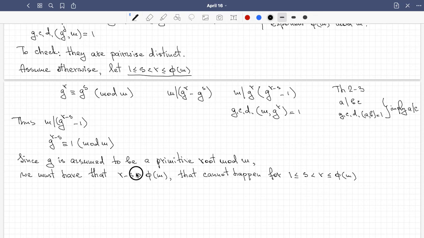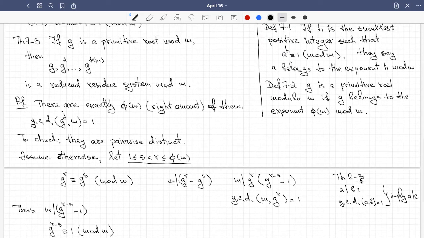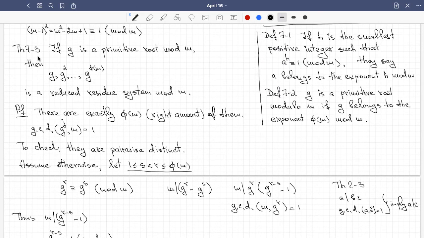So r minus s at least phi of M cannot happen. So our assumption led to something which cannot happen, and this contradiction finishes the proof. So we proved theorem 7-3: if a primitive root modulo m has been chosen, the reduced residue system modulo m can be written in this way. All right.